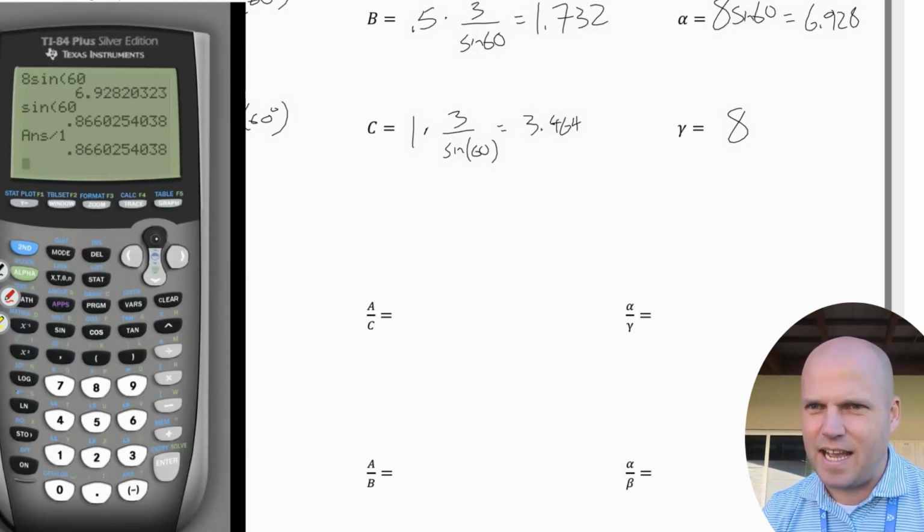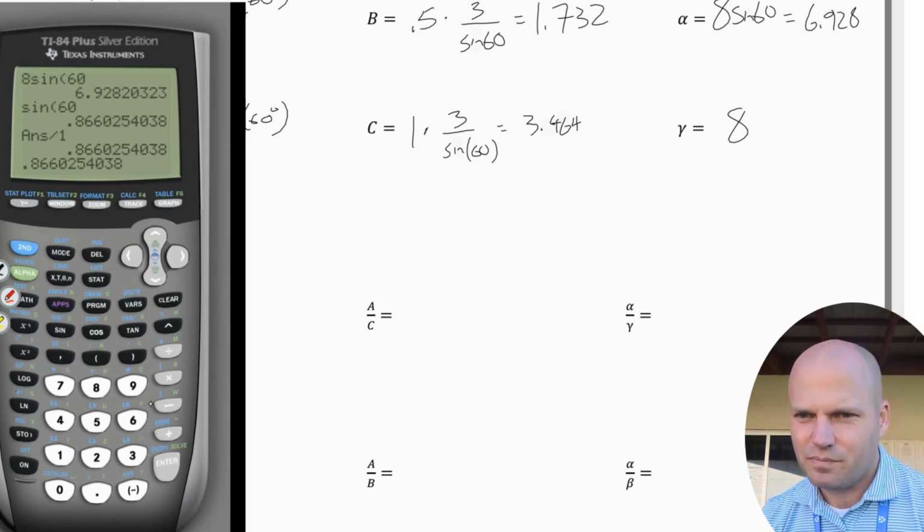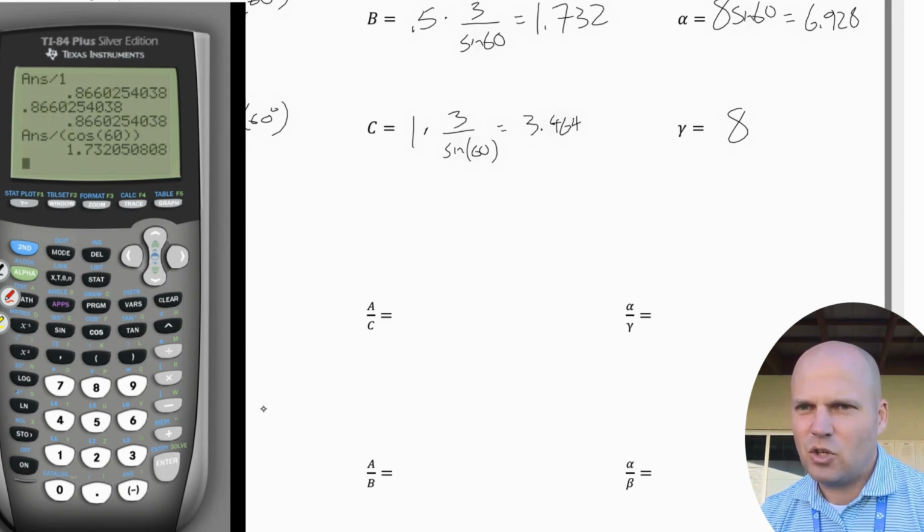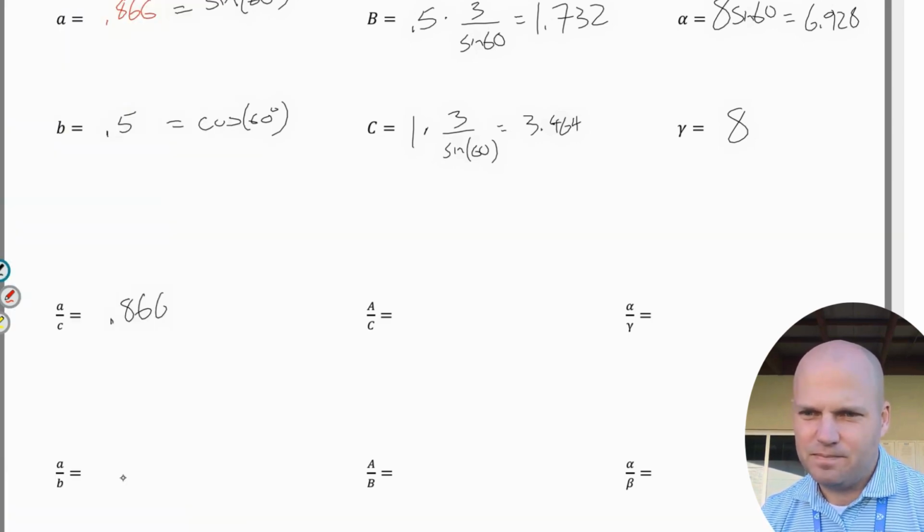So that's the sine 60 divided by the cosine 60. So 1.732.